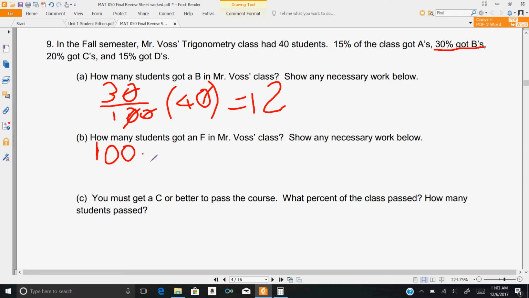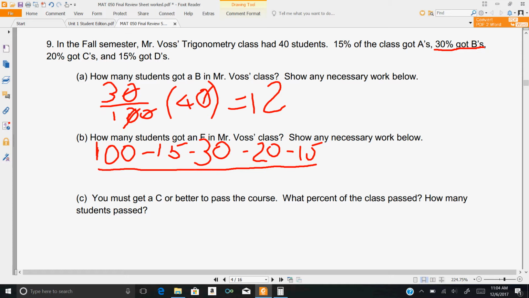So we minus 15, minus 30, minus 20, and minus 15. And I'm going to put the two 15s together. When we're subtracting a lot of things, we can subtract them in any order as long as we always subtract the same number. I can't change it around and take 15 minus 100.